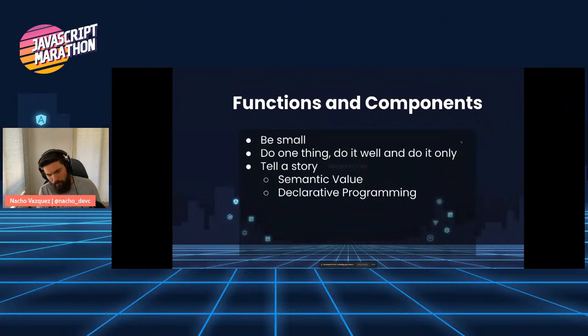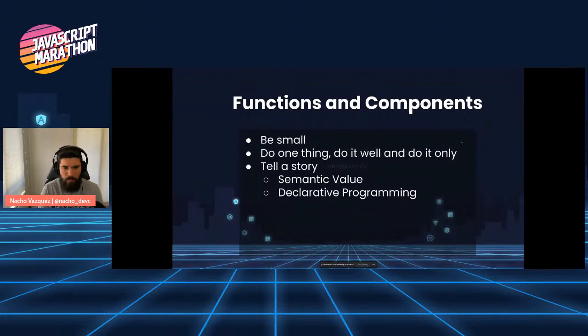Another way of seeing this from the declarative programming point of view and the semantic value is in your template part, when you start having small components separated, and each small component also brings a name, like the to-do item.